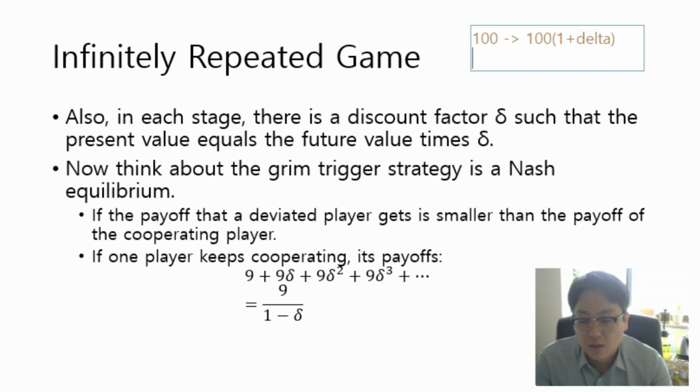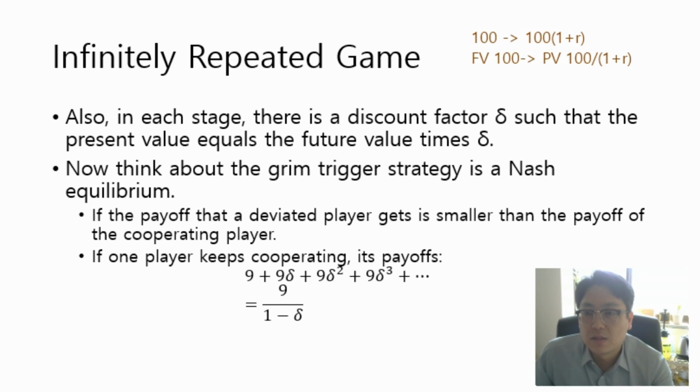What it means is that a future value of $100 will be the same as a present value if we divide by 1 plus the interest rate. If we divide $100 by 1 plus the interest rate, then this number is representing the present value.